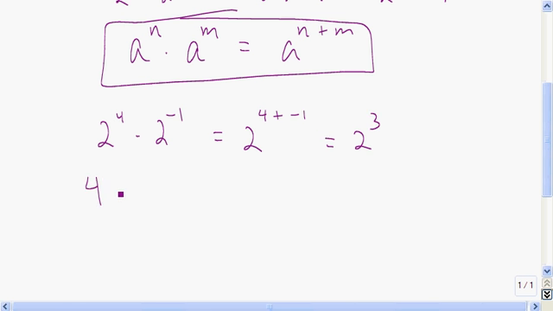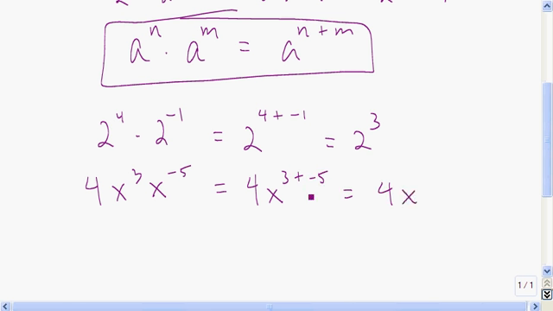If I have 4 times x cubed times x to the negative 5. Well, this 4 is just going to stay here by itself, but I'm going to combine these two sort of like terms. They're like terms as far as multiplying goes because they have the same base. So it's going to be 4 times x raised to the power of 3 plus negative 5.